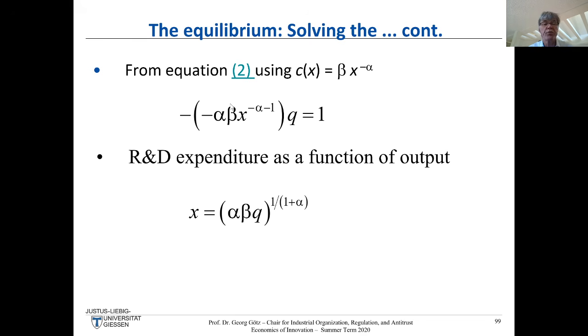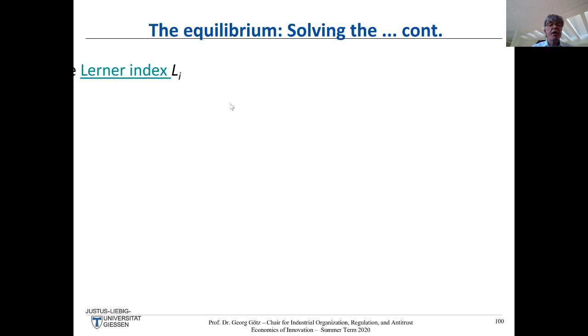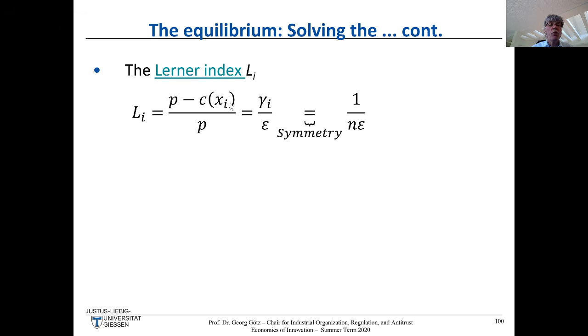Whereas if you start with a cost level of 10 euros per unit, you have a much lower potential to reduce cost. But anyway, this is our result for the R&D expenditure in the Dasgupta Stiglitz model.